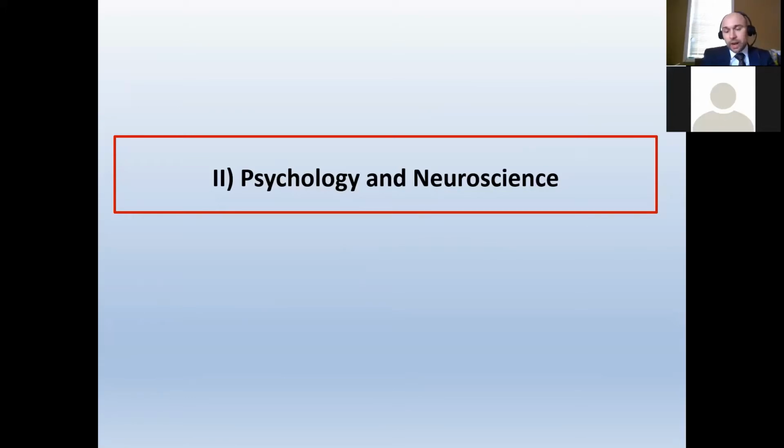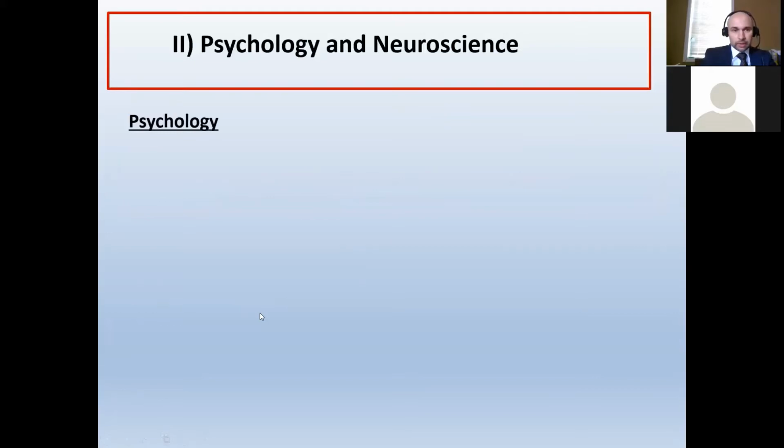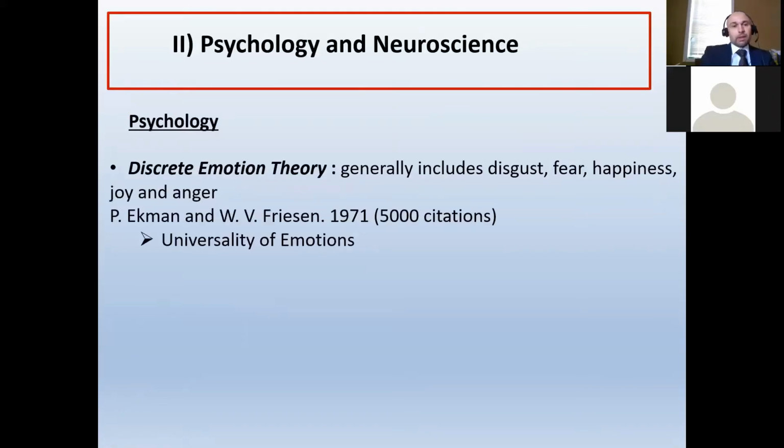So I will describe a few things in psychology and in neuroscience. So first, let's discuss some psychology theories. The famous theory is the discrete emotion theory, which generally includes disgust, fear, happiness, joy, and anger.